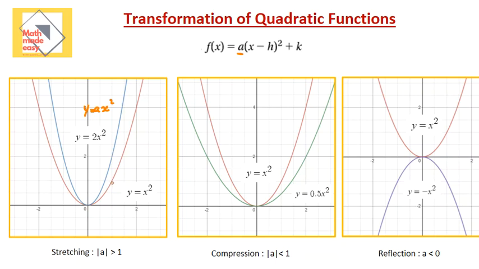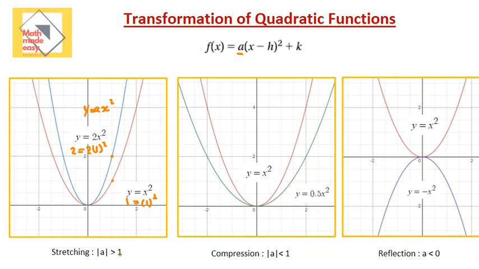So on this graph you get the point (1, 1), while on this graph, if I substitute x equals 1, square it, then multiply by 2, your answer is 2. So when x is equal to 1, y is equal to 2. The graph has stretched vertically.